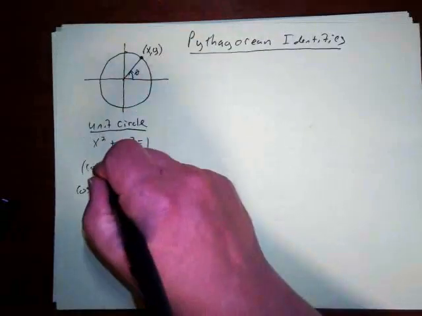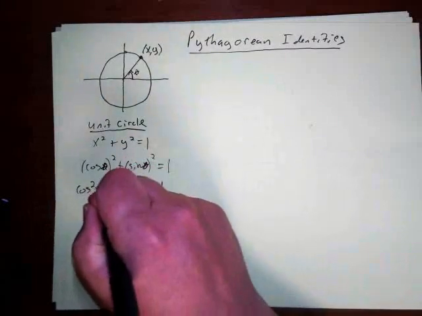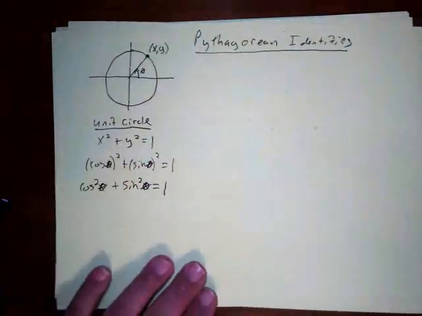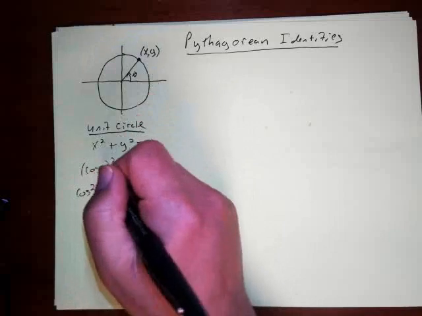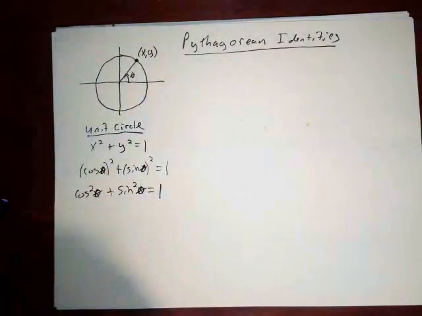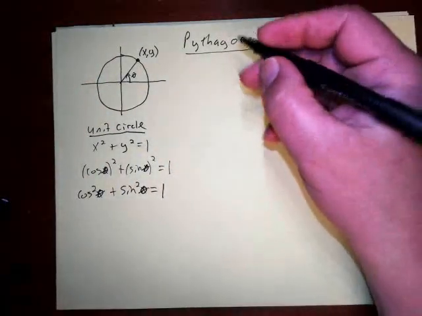Sorry, and I'm using theta here. So let me change those to thetas. Okay. So the x is equal to cosine theta, right? And the y is equal to the sine theta. Okay, so this is that Pythagorean identity, and that's the basic one.